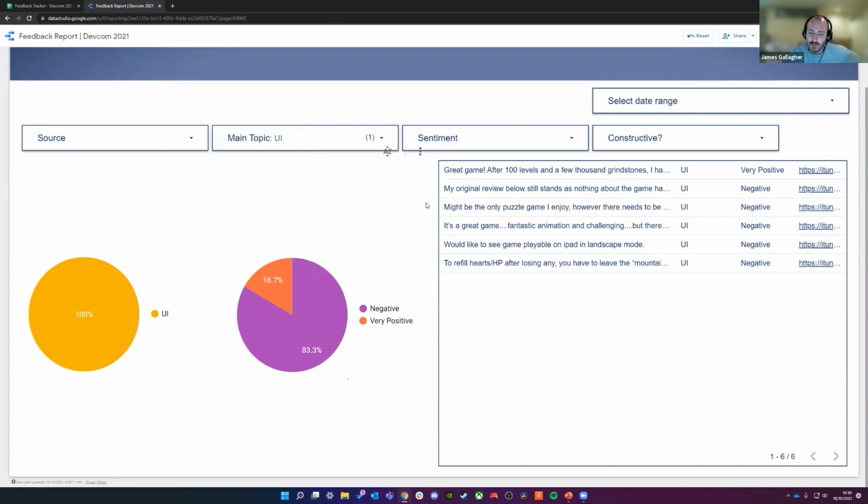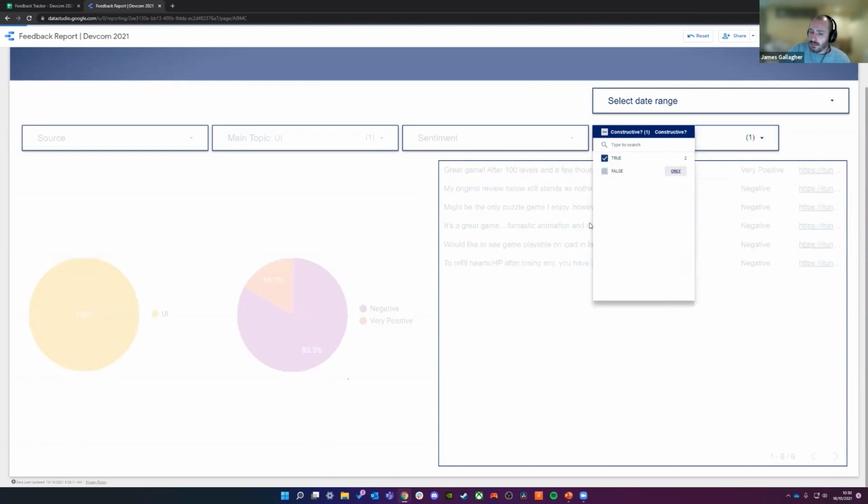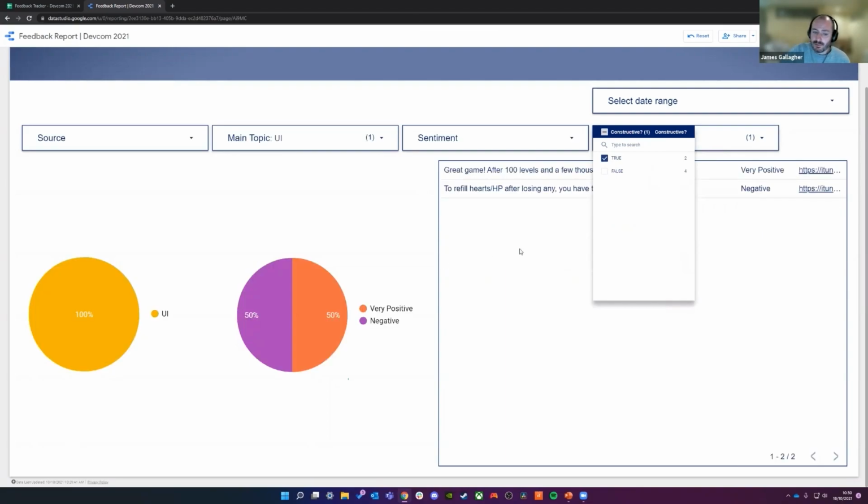But by taking this approach, I can actually say, these were the specific comments that mentioned it. I can say, these were the constructive comments, so I can extract these. And as a community manager, one thing that's really nice is that if there's a patch later on that improves the UI, then because I have this record, it's really, really simple for me now.